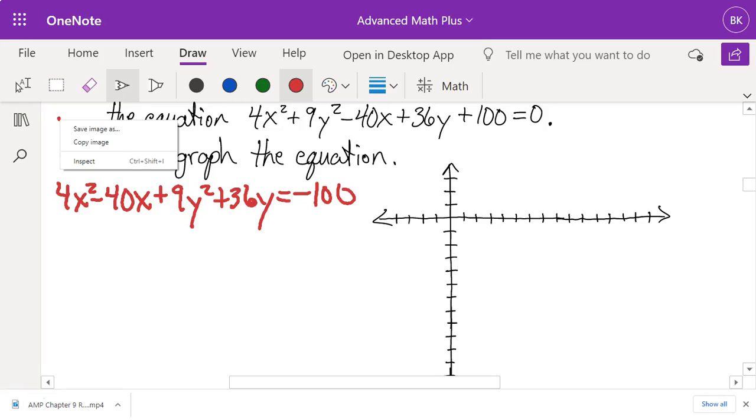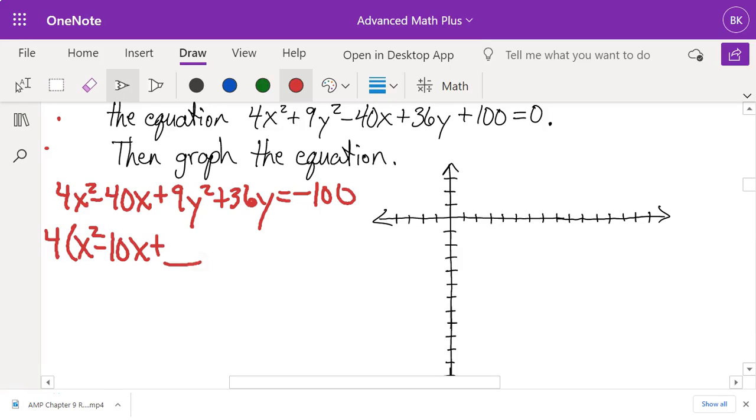I'm still going to complete the square, but before I do, I'm going to factor, because in order to complete the square, what needs to be in front of x squared and y squared? 1. So I'm going to take out a 4 for the x's. That would leave x squared minus 10x, plus blank.